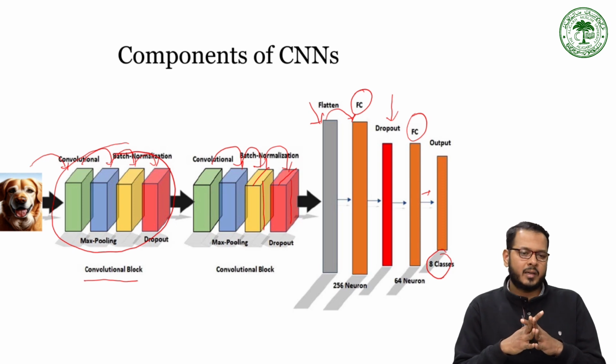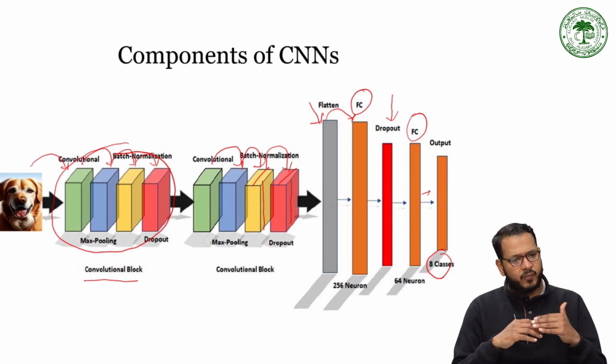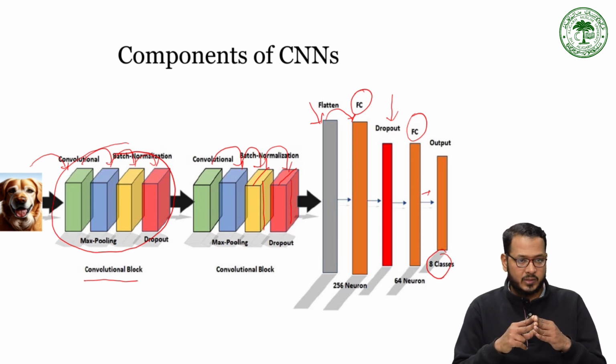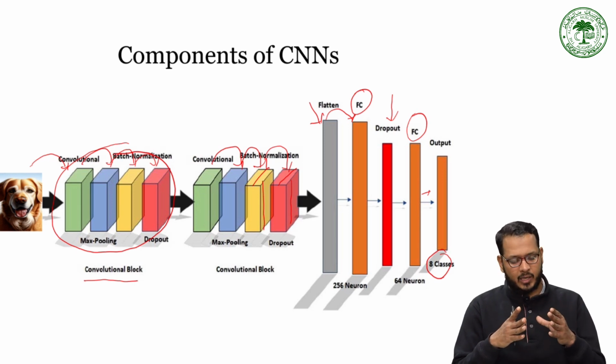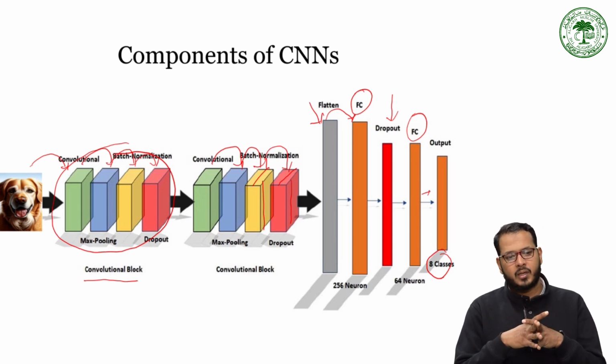So for that, we often resort to previously well-established architectures which have given us good results for different problems. We go back to them, we study them, we see how researchers have laid them out.